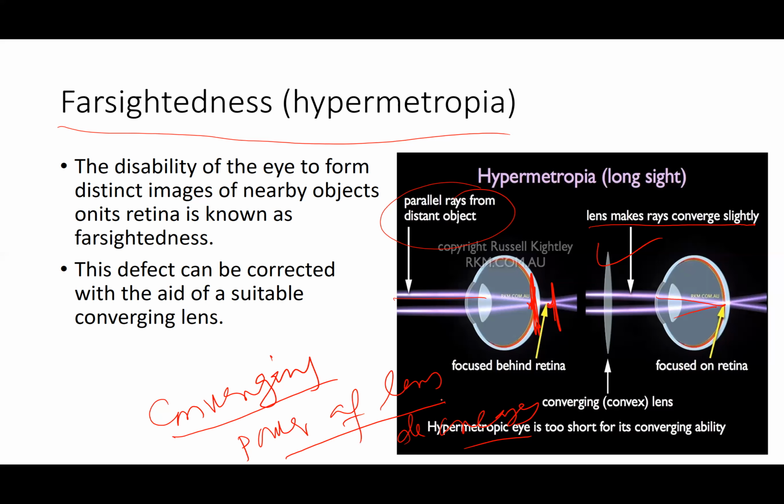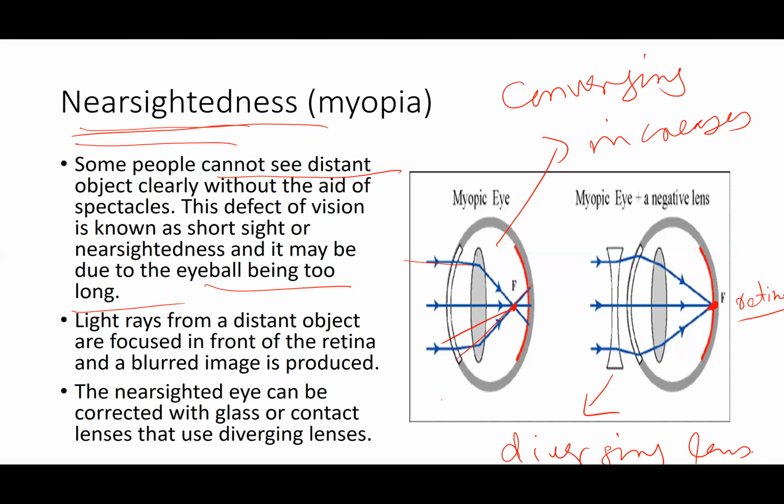Long-sightedness can be corrected by using a converging lens, and short-sightedness by using a diverging lens. Far-sightedness can be corrected by using a convex lens, and in myopia you use a concave lens.